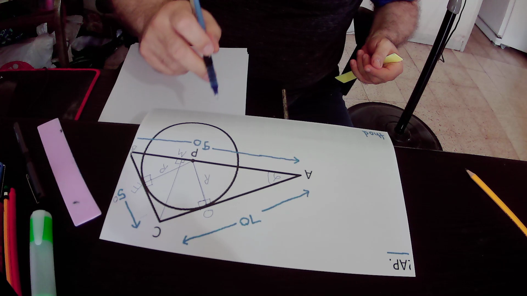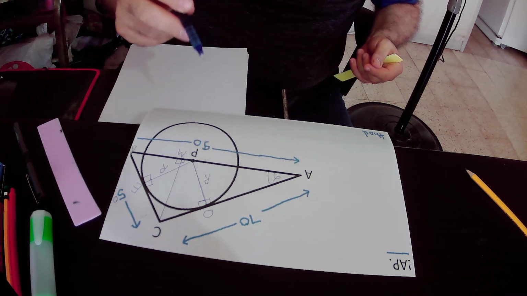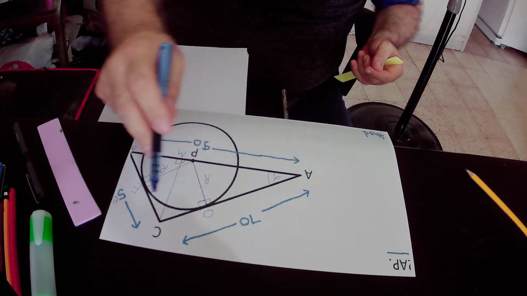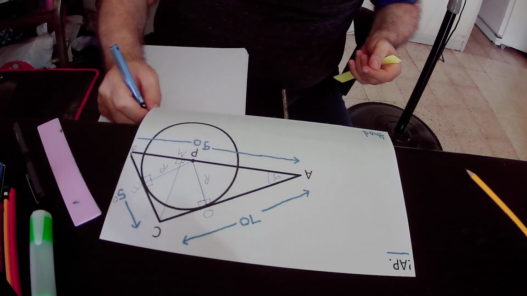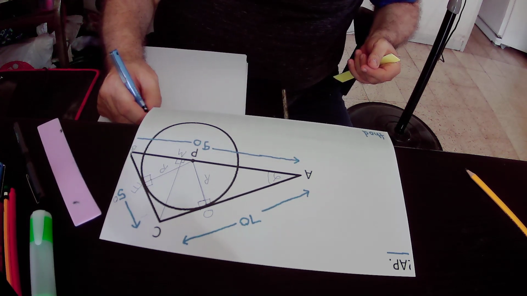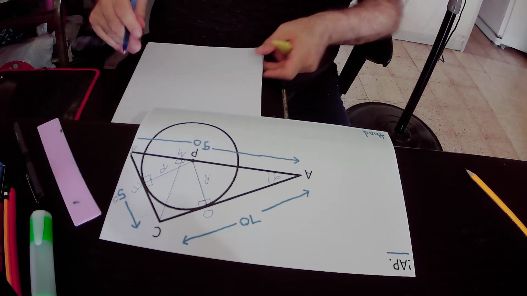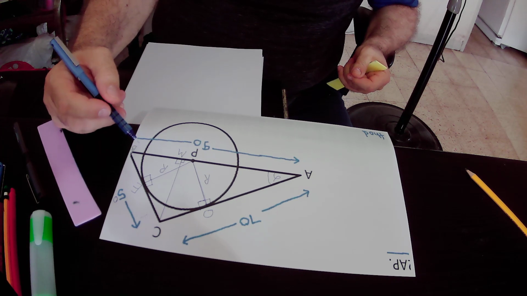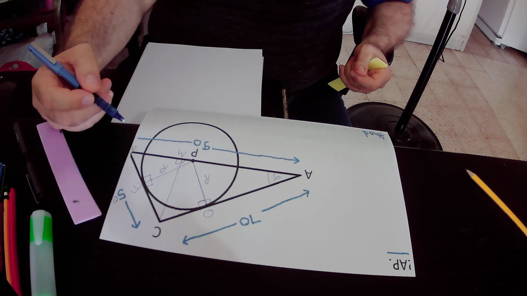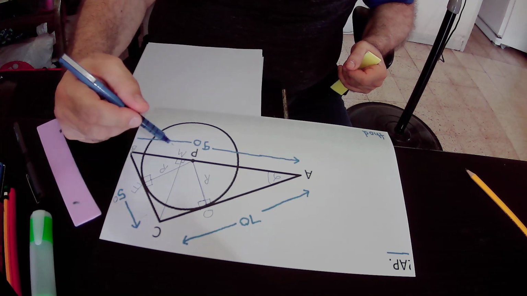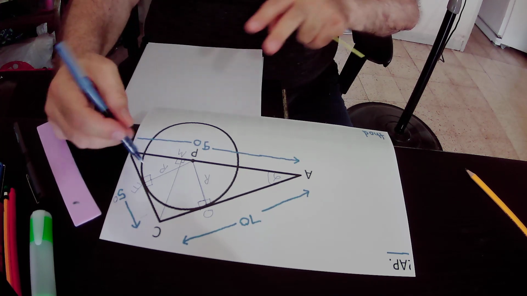Okay, so angle PAO is alpha, also angle PAC equals alpha. And I will mark angle PBE as beta.